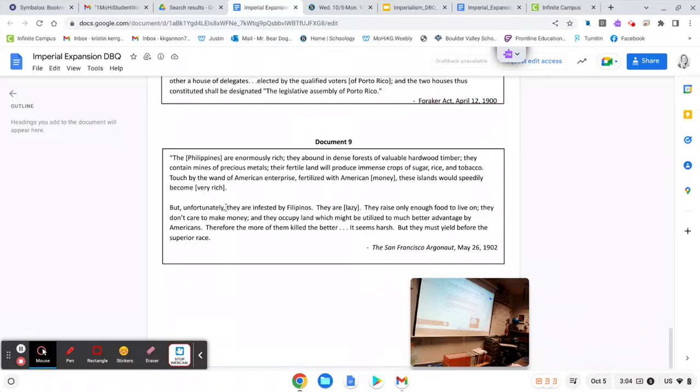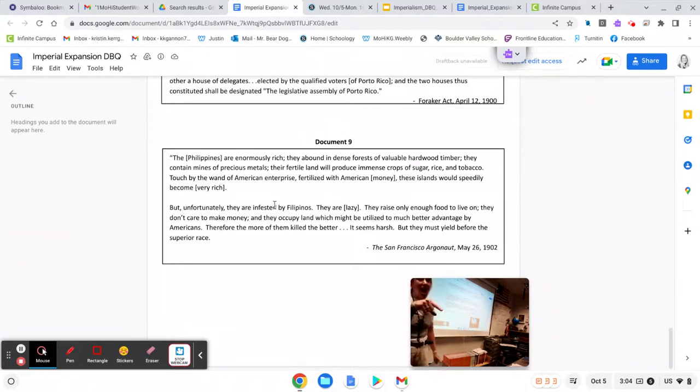And then I do not like that line, but I'm going to highlight it. In the next paragraph, it says it is infested by Filipinos. Well, that's yucky. That's like clearly our racism and the way that we're viewing people who are brown. But again, also highlights social Darwinism and the need for people to be in our control.